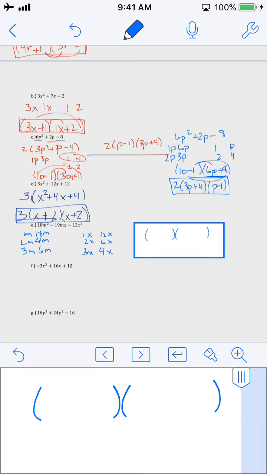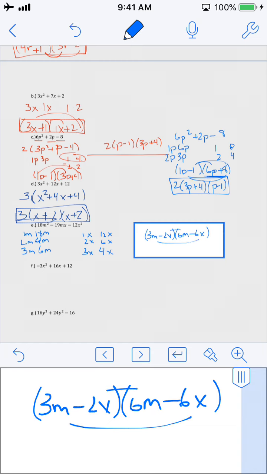Okay, let's do 3m and 6m and 2x and 6x. And one of them has to be negative, so why not that one? I have no idea if this combination works. It's probably not going to. So if I multiply that out, the first and last I know are going to work.